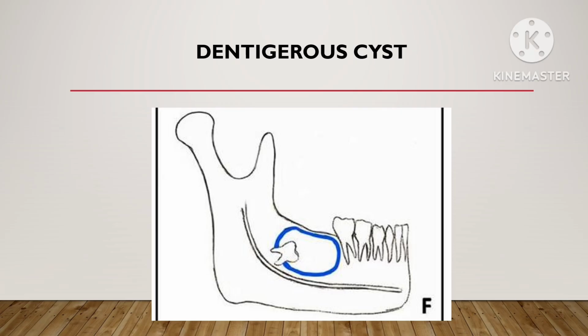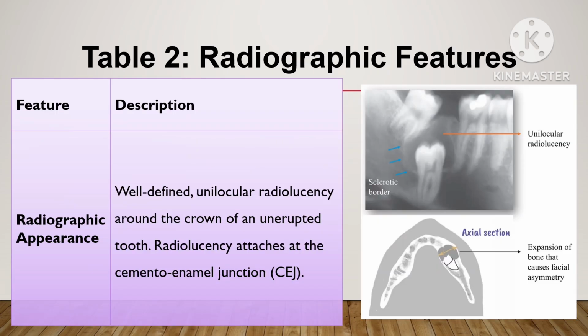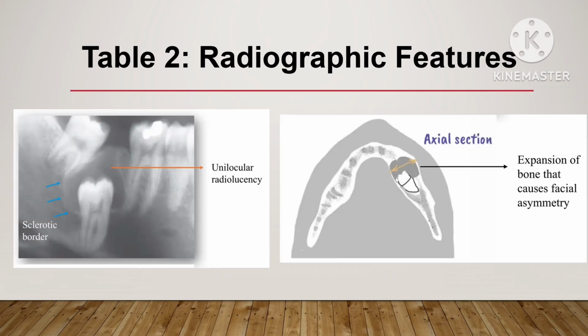Dentigerous cyst, which is also known as a follicular cyst, is formed around the crown of an unerupted tooth, typically associated with impacted third molars or canines. Though this cyst is not typically periapical, it may affect periapical tissues of adjacent teeth.